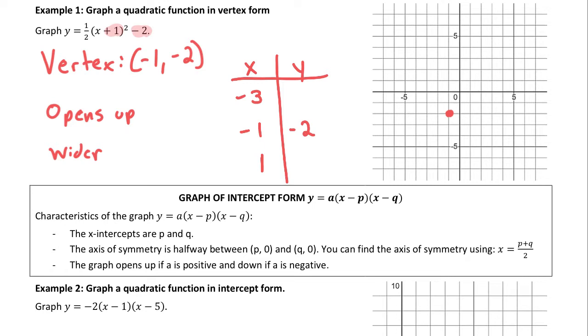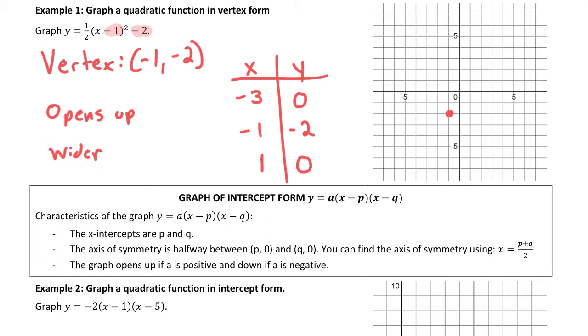The main reason I pick those points is I want values to the left and to the right of my vertex, and I want values that come out to be whole numbers. So when I plug in negative 3, I get out 0. When I substitute in 1, I get out 0.